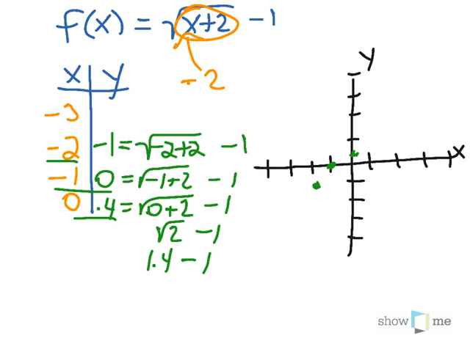Okay. Now, what about the other way? What about over here? If I put in -3, the square root of -3 plus 2 minus 1. When I do this part, I get the square root of -1, which is an imaginary number.